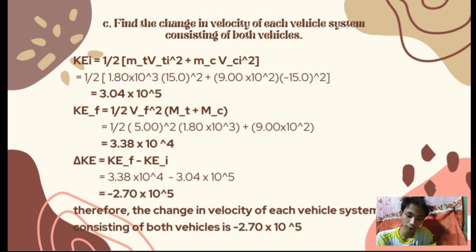So ngayon, pagmaminusan natin sila. So, delta kinetic energy is equal to final kinetic energy minus initial kinetic energy, is equal to 3.38 x 10^4 joules minus 3.04 x 10^5 joules, equal to negative 2.70 x 10^5 joules.